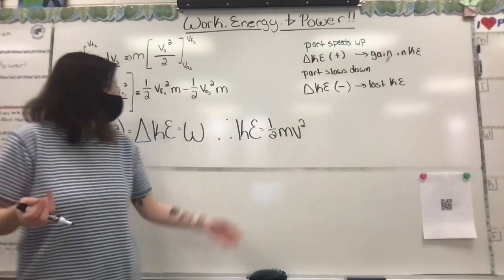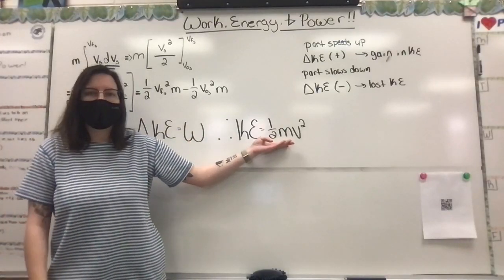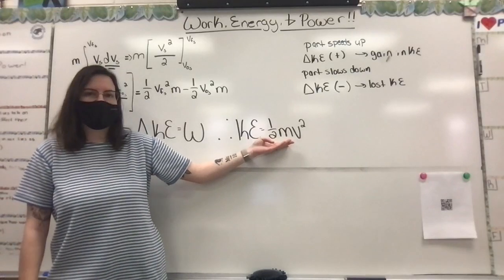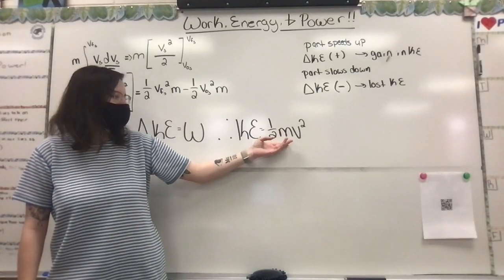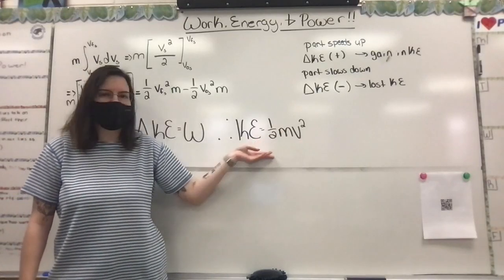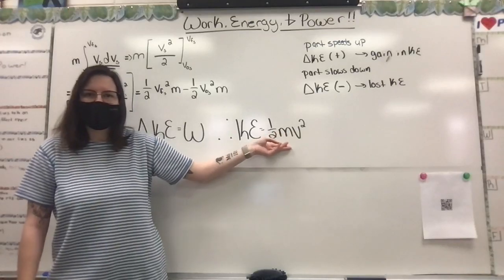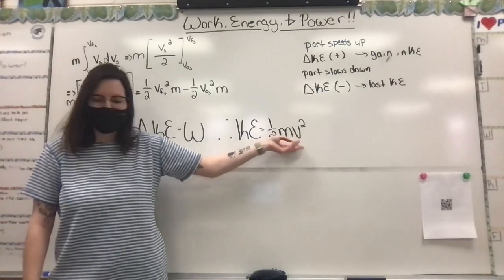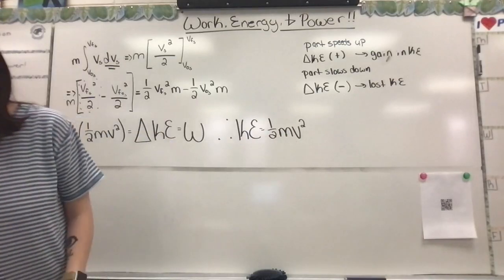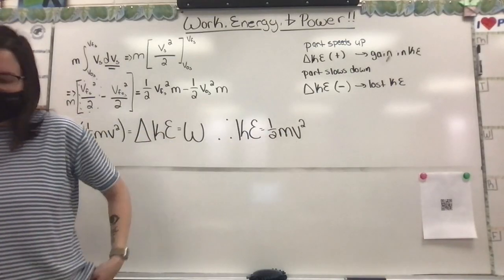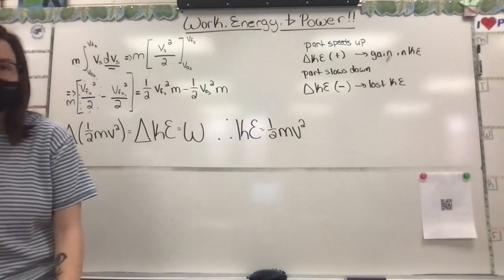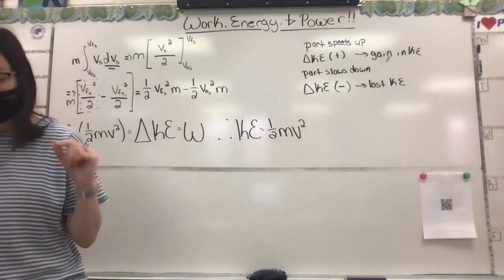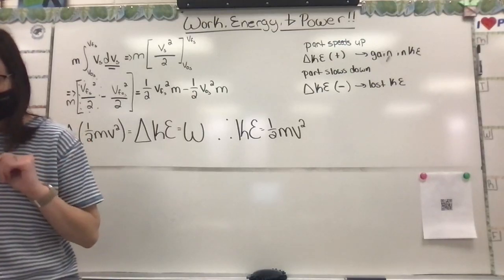Because the equation is 1/2 mv squared, and none of those values can be negative. So you should never have a negative kinetic energy. You can have a negative change in kinetic energy, but not just a negative kinetic energy.